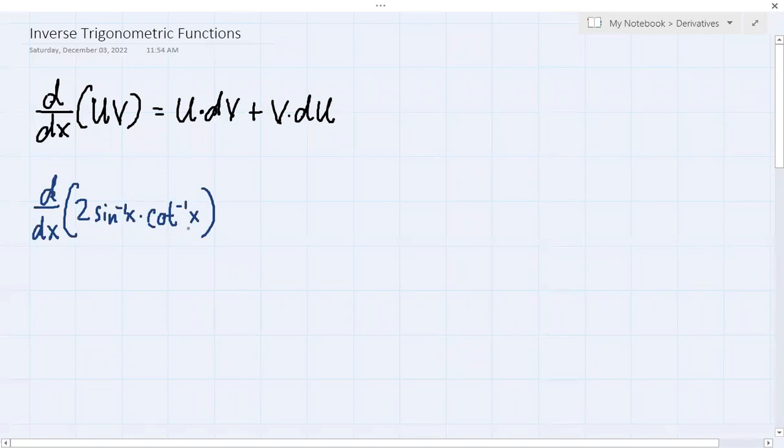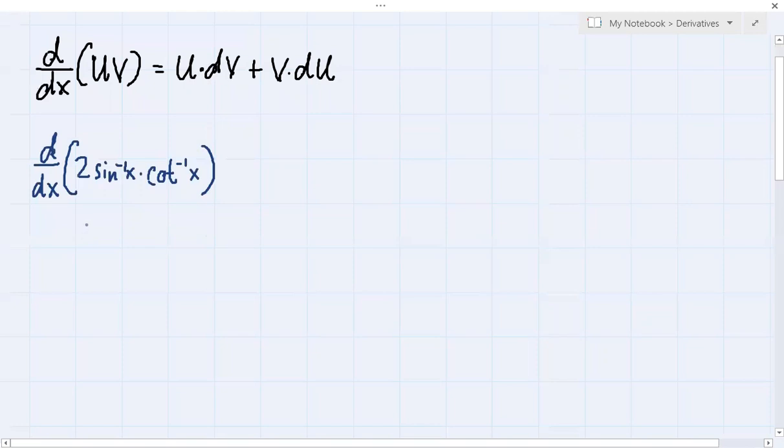So in here, I can pick which one is my u and which one is my v. My u would be 2 times arcsine x, and my v would be arccotangent x.